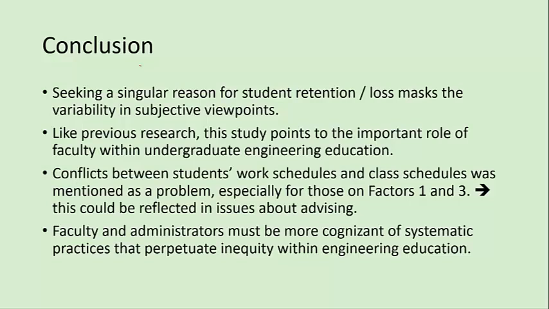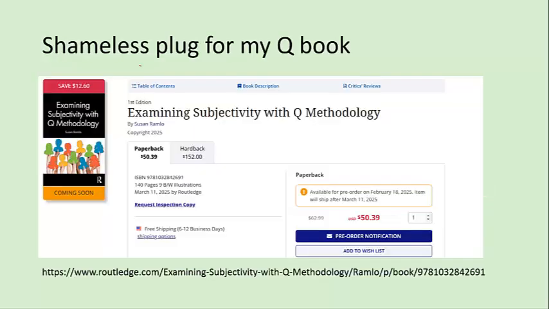They're all in the same program, but they have very different experiences, right down to faculty: from factor 3, faculty are horrible and not supportive or helpful, to factor 2, who said faculty are so great and supportive. I'm sure they have pretty much the same faculty. So there are different reasons to stay and go that we would miss if we did something like a Likert scale survey.